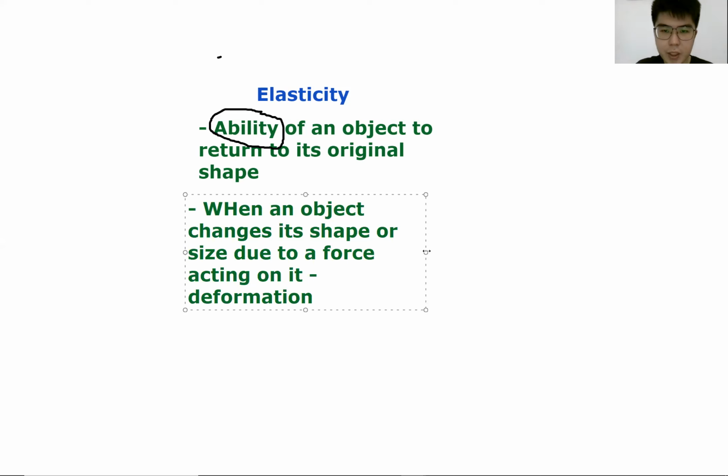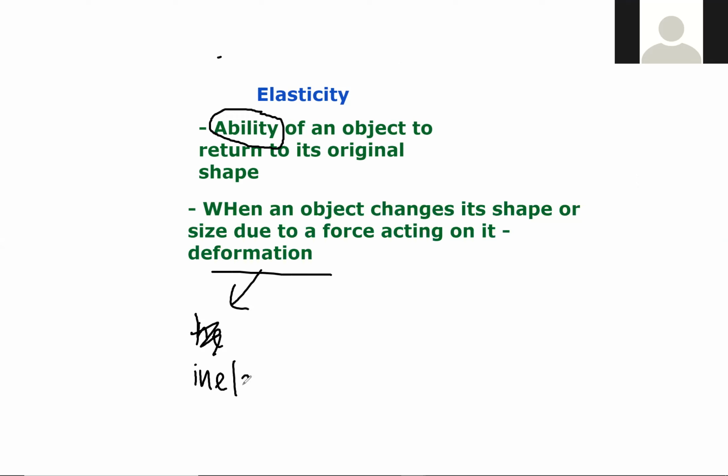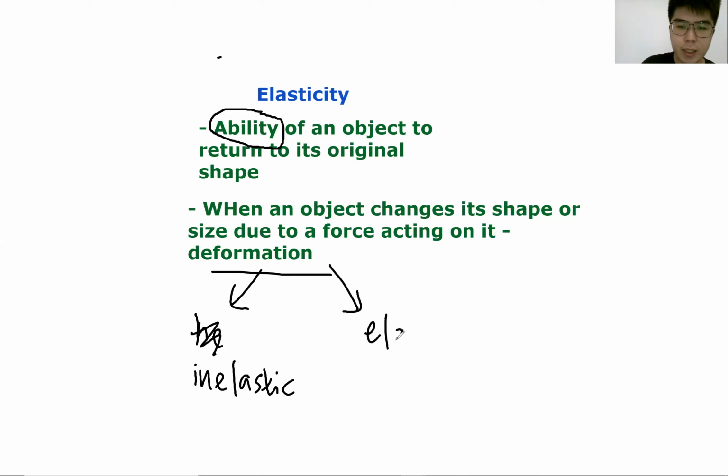Deformation is when the size and the shape change because you exert an external force on it. There are two types of deformation. First is inelastic deformation, and the second type is elastic deformation.